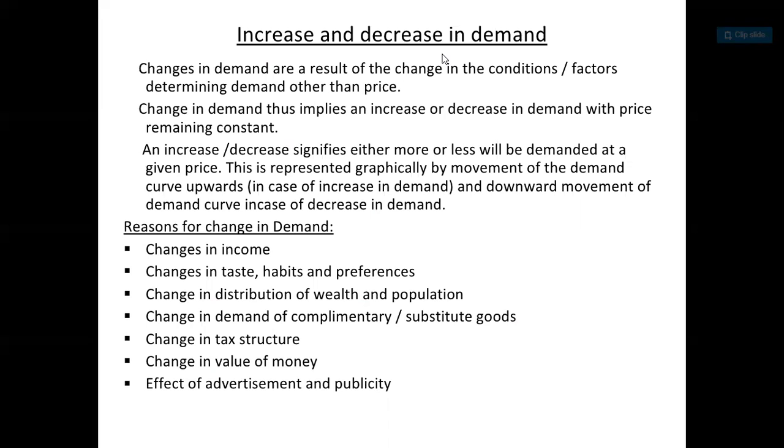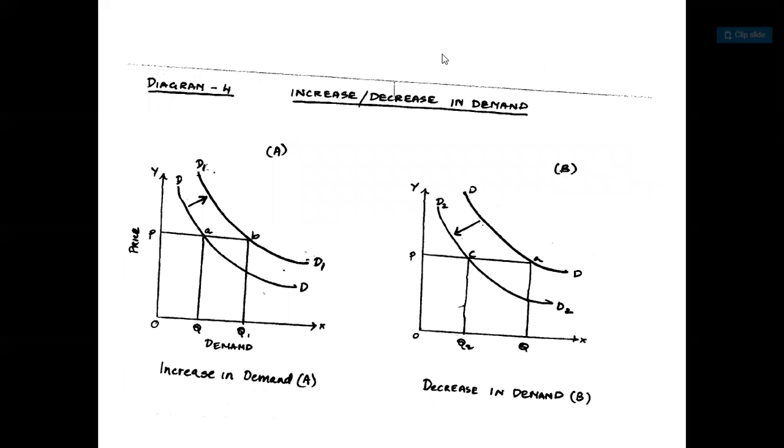It can be better understood with the help of an example. With this diagram, you can understand that there is an increase in demand when the price is low, and a decrease in demand when the price is higher.